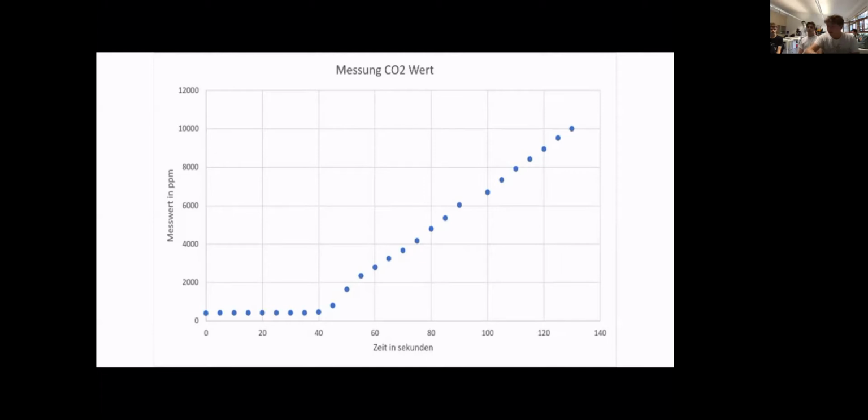After a short while the values begin to rise, and they max out at 10,000 ppm, because that's the maximum value our sensor can read. It may have gone higher, but we don't know that. So this was one thing we did.